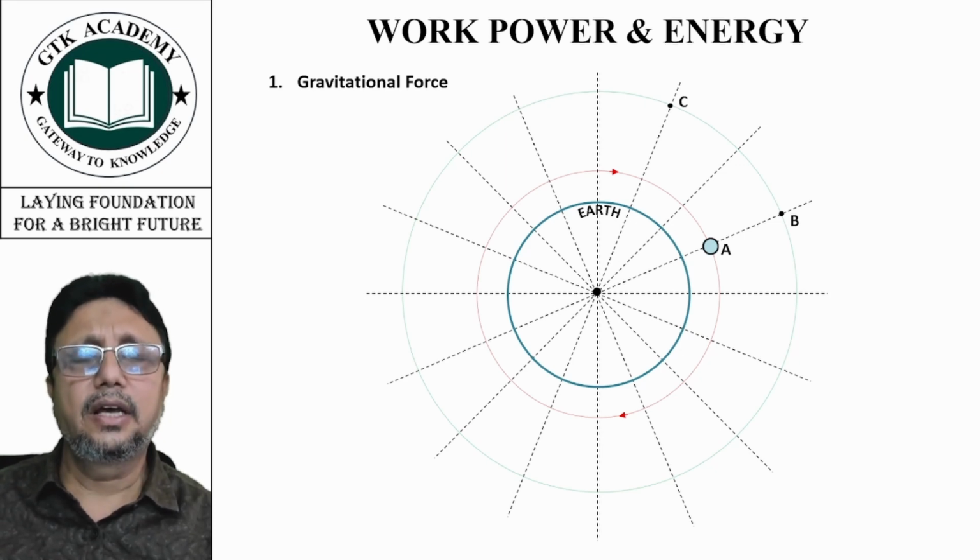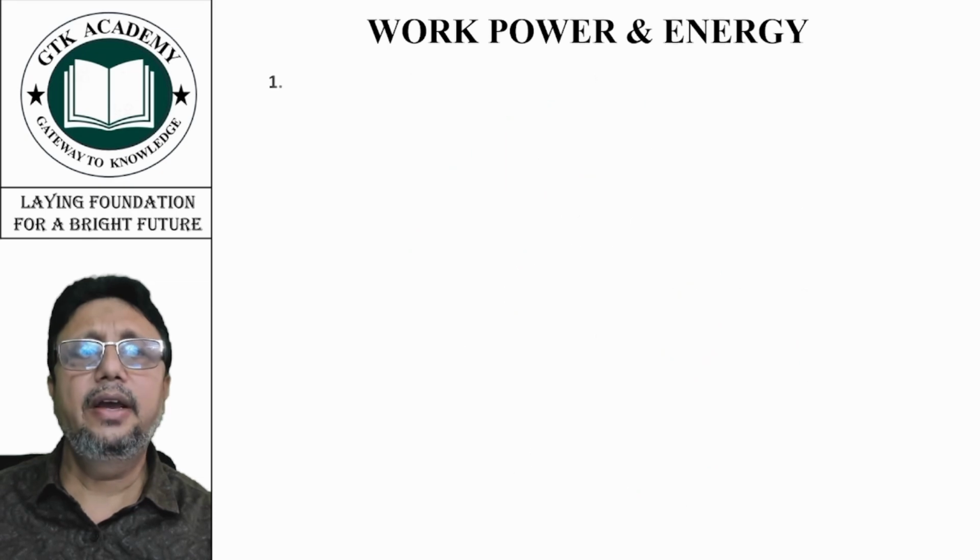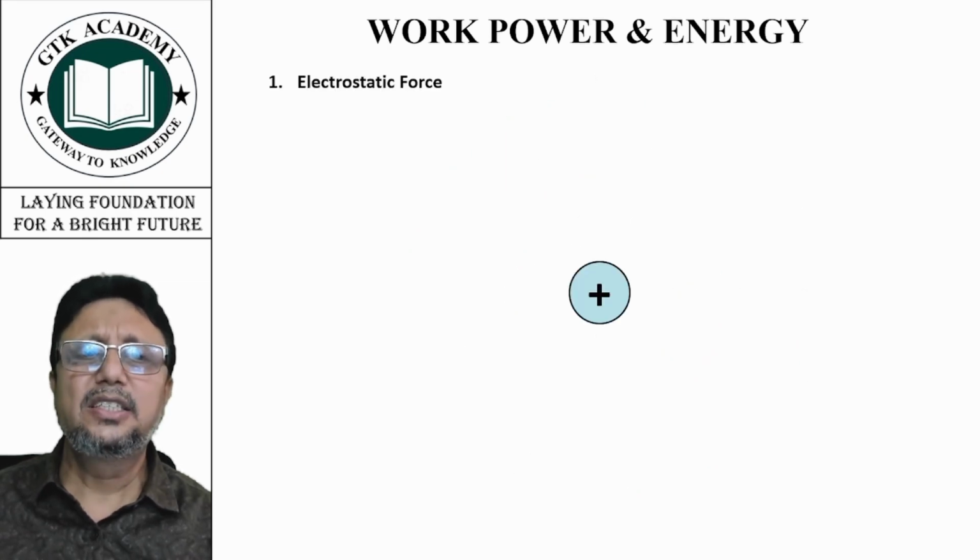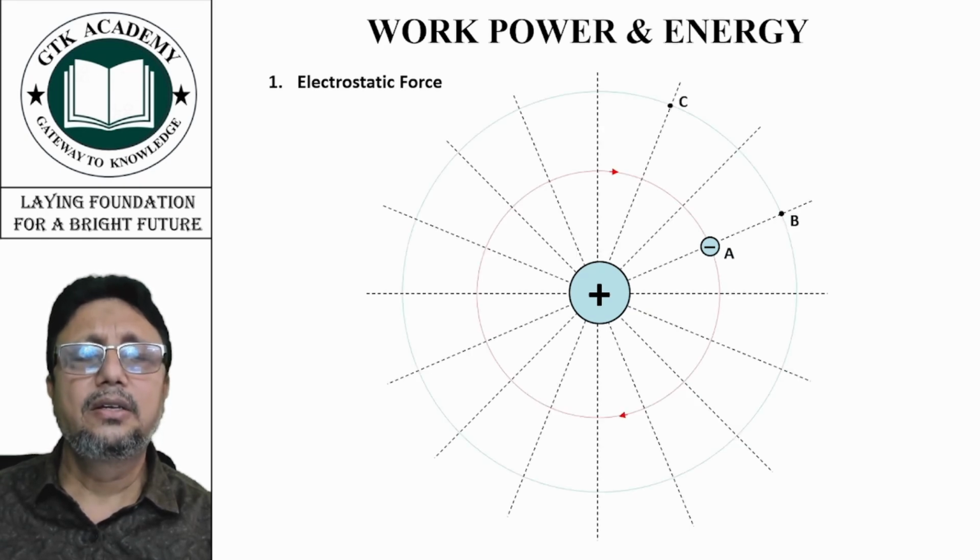This is the case of gravitational force. If we have electrostatic force, similar case, you have a place where there is a positive charge, central place, and then you have a test charge, minus charge here. You can again draw the same circles and line.